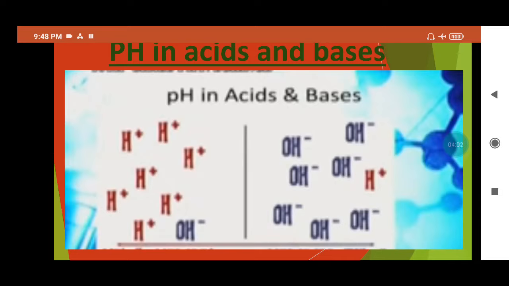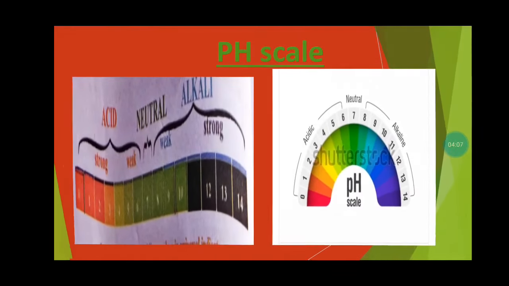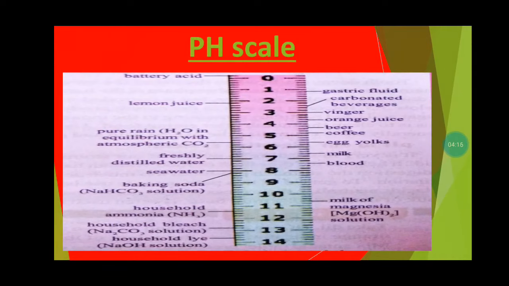Let us look at the pH scale of various daily life substances. Battery acid is very strong, and it represents 0 on the pH scale. 1 represents stomach acid, that is hydrochloric acid. 2 on the pH scale represents vinegar. 3 represents orange juice.